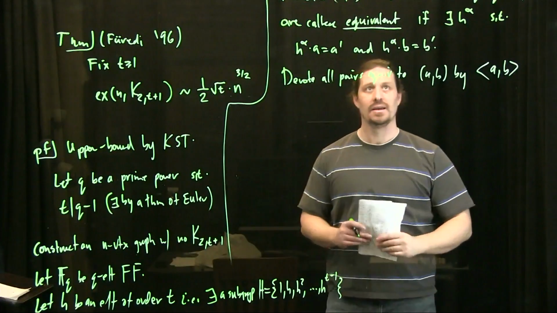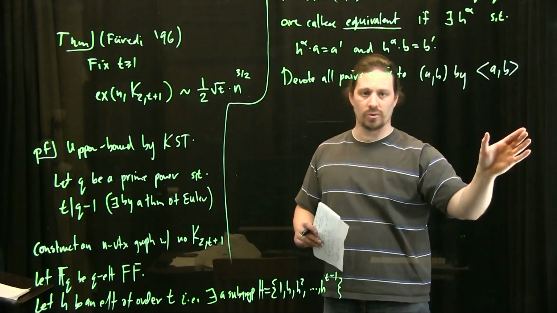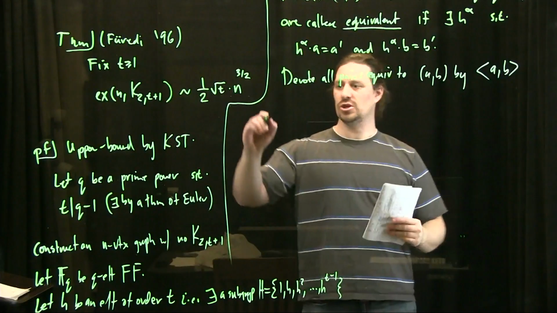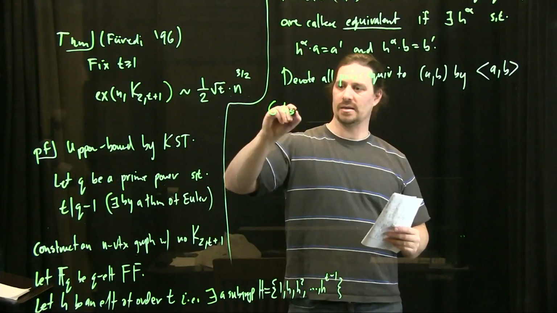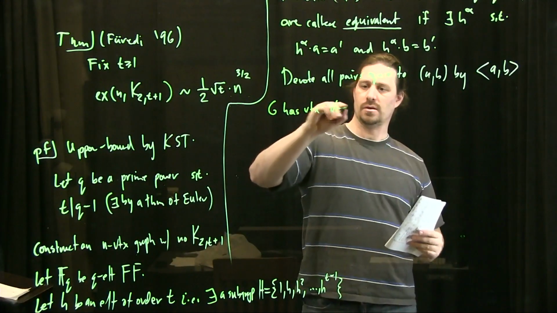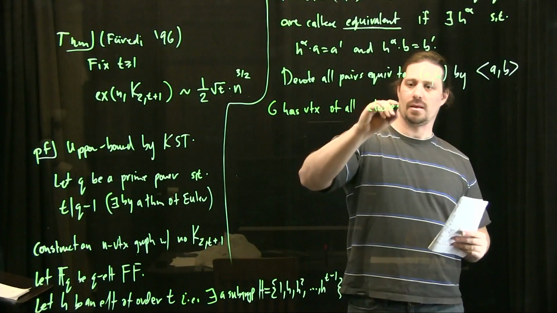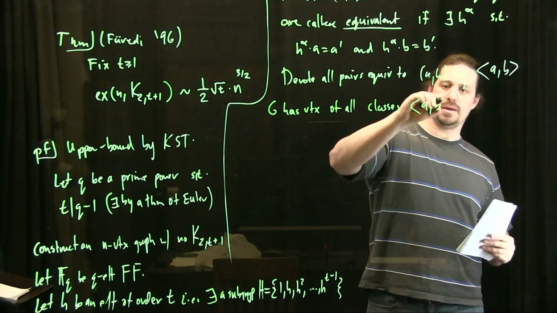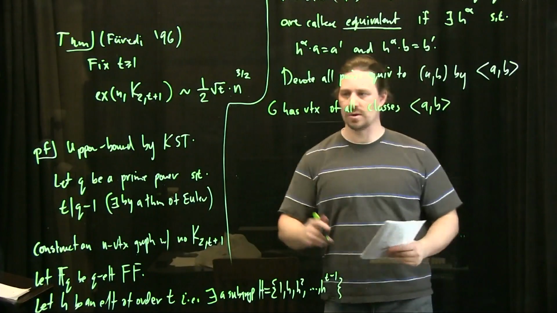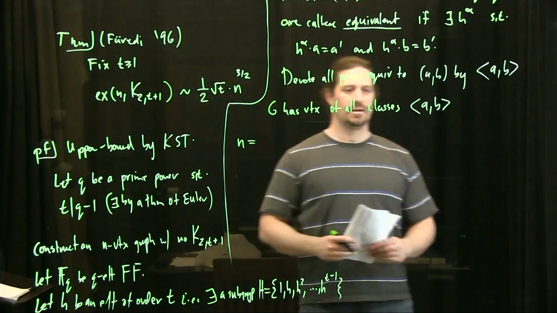So my graph is not on these pairs, but it's on the collection of pairs that are all equivalent to each other, okay? So G has vertex set of all, I'll call them classes [a, b], okay? So what does this mean? The number of vertices in my graph then is what?